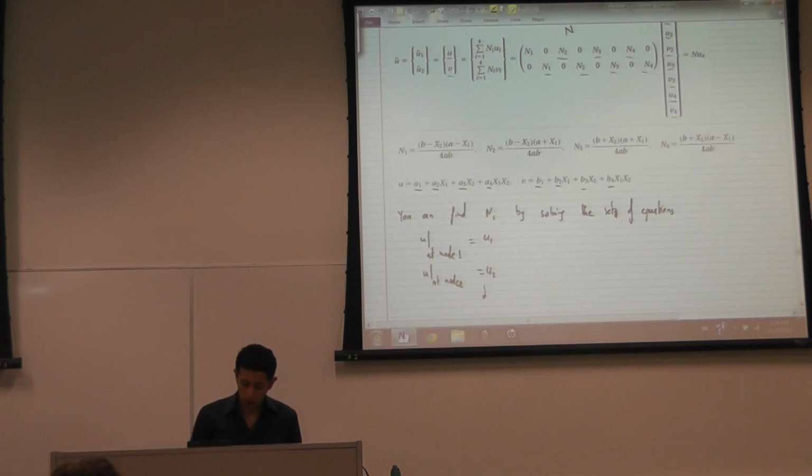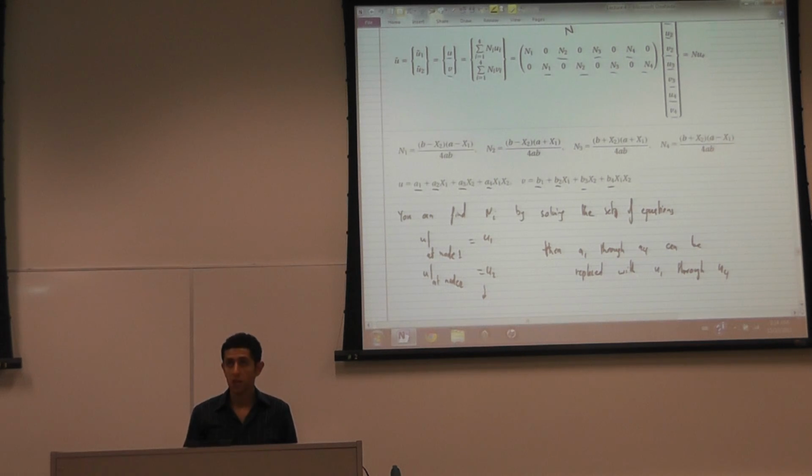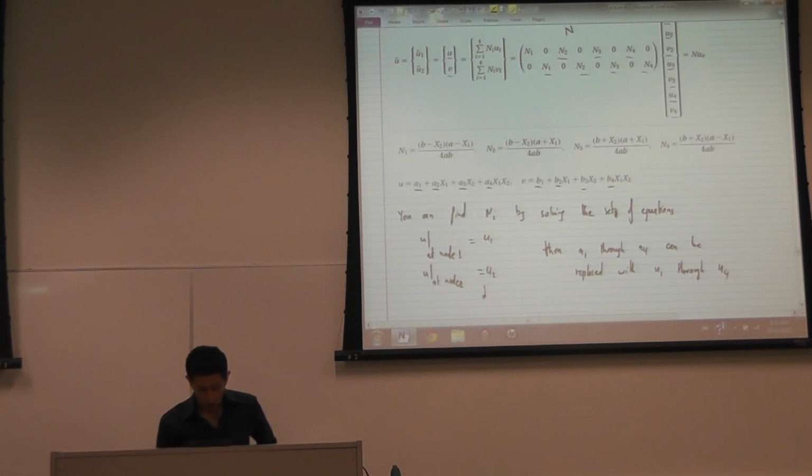And so a1 through a4 can be replaced with u1 through u4. So instead of the degrees of freedom being just those general numbers that don't have a physical meaning to the problem, I can replace a1 through a4 with degrees of freedom that have a physical meaning, being the horizontal displacements of the nodes.